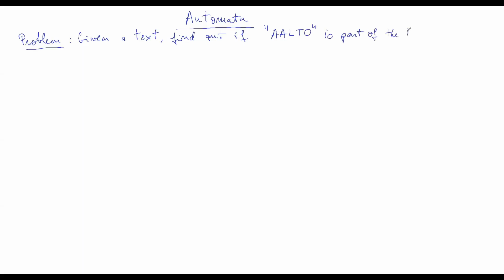And just to simplify things, it's not essential, but I'm going to assume that all are capital letters, and there are no blanks and no punctuation marks. So nothing like commas and dots and things like that.